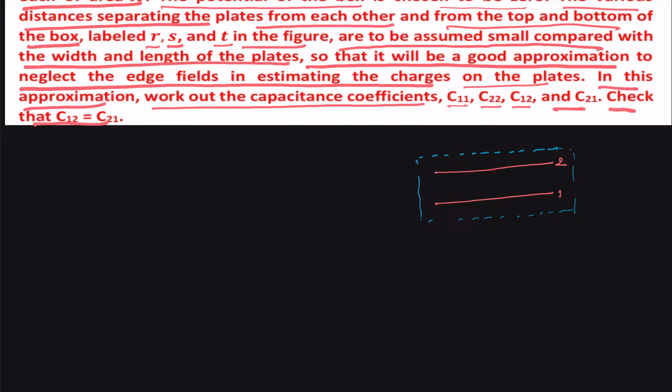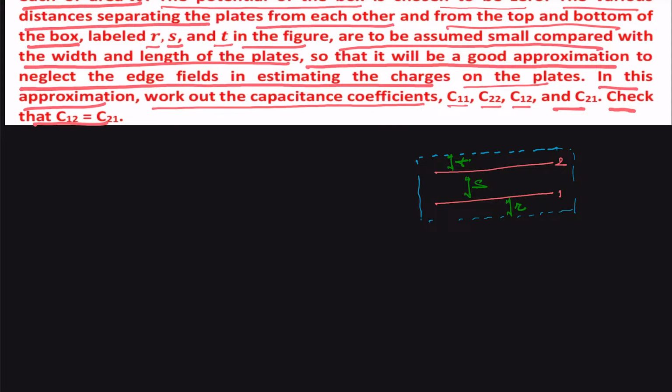And along with it, respective distances are given as R, S and T. Let us suppose this distance is given as our R, this distance is given as our S, and finally this distance is given as our T. So this is the basic figure given to us.